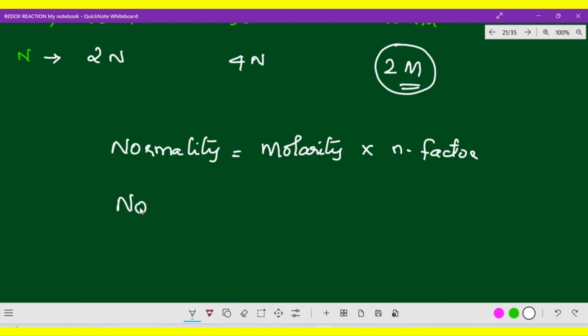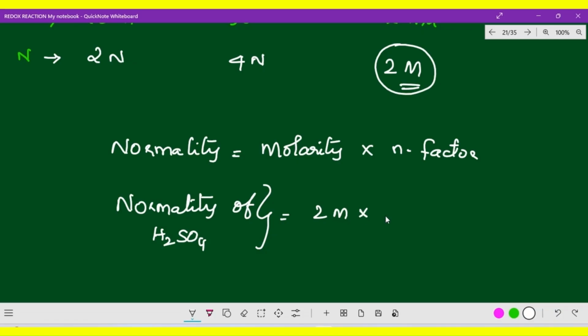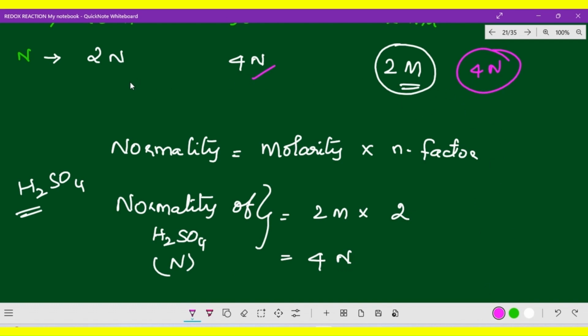So normality of H2SO4 equals molarity 2M into n factor 2, so you will get normality 4N. You got this point also.